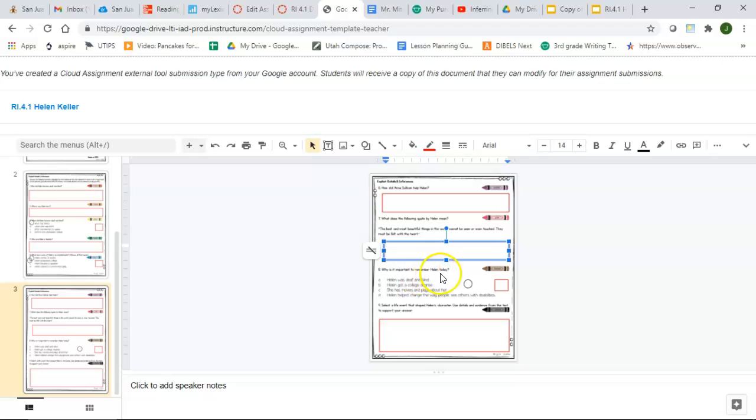Why is it important to remember Helen today? You're going to take your circle, and Helen helped change the way people see others with disabilities. So I put my circle there, and maybe move it a little bit so that it fits a little better on the D.